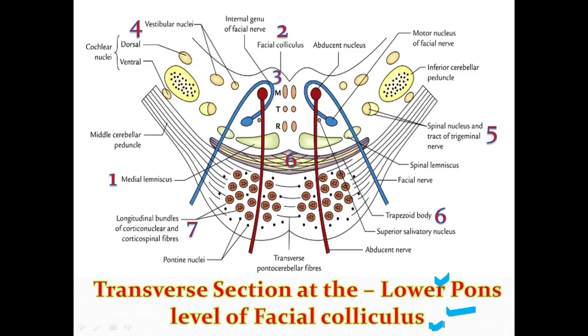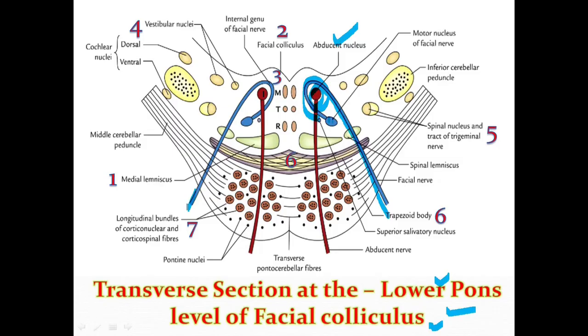The lower end of the medial eminence is elevated to form the facial colliculus. The definition of facial colliculus is like this: I have an abducent nerve nucleus and a facial nerve nucleus. The facial nerve is formed and it winds around the abducent nerve nucleus, and the nerve emerges outside.